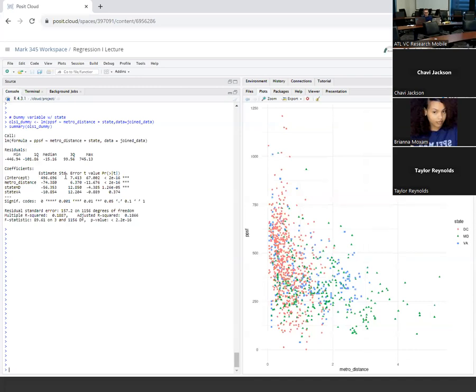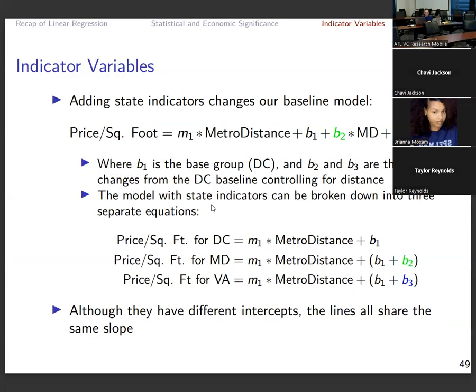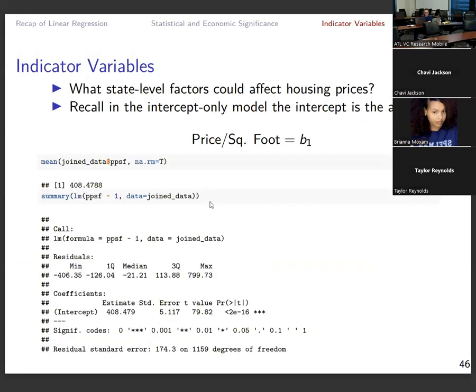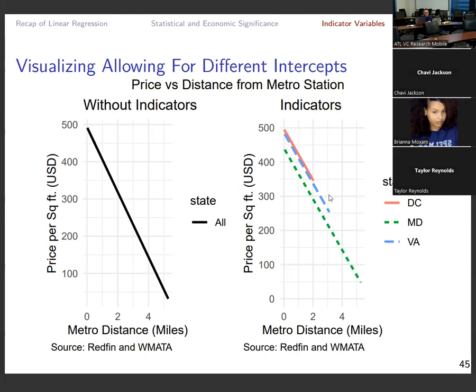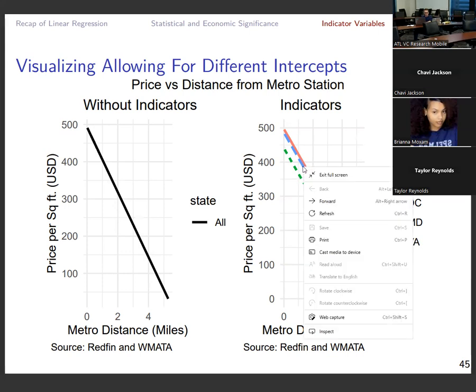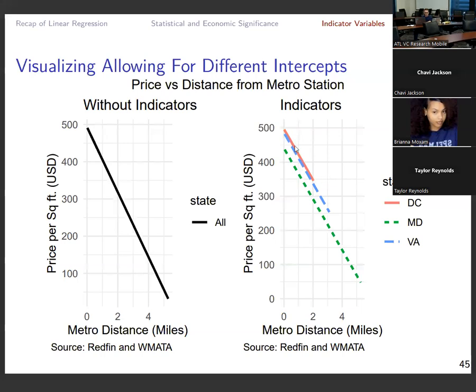Does it make sense? So how can I see this graphically? It comes back to this. The slopes are the same. The intercepts are different, but they're so similar between DC and Virginia that you cannot reject that they're equal.